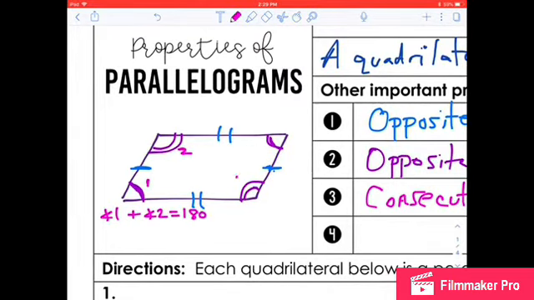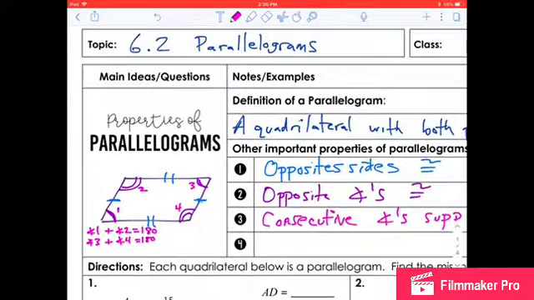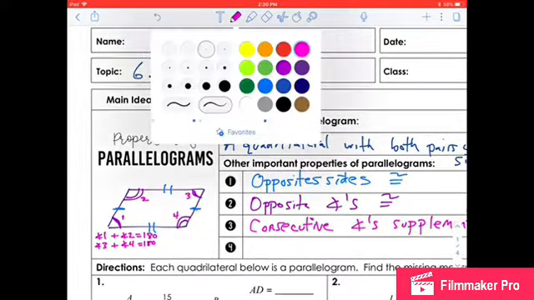That goes for angle 3 and angle 4 as well. Angle 3 plus angle 4 add up to 180. Those are supplementary. Or 2 and 3 are supplementary, 1 and 4 are supplementary. Those are all consecutive to each other because they're next to each other.